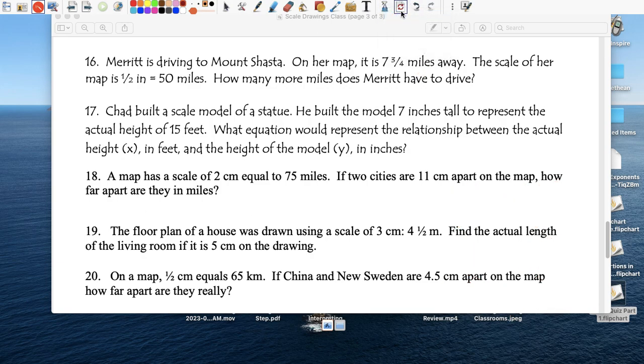Okay. Another scale model. He built a model of 7 inches to represent the actual height. But 7 inches represents 15 feet. What equation represents the relationship between the actual height in feet and the height of the model y? So the height of the model y would be, y equals, which one's the y?